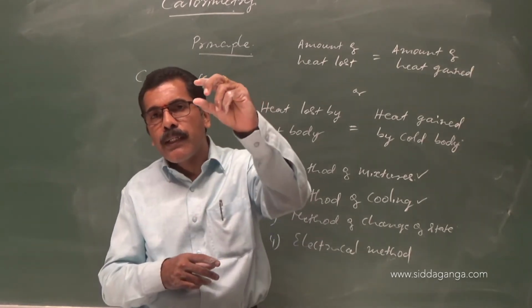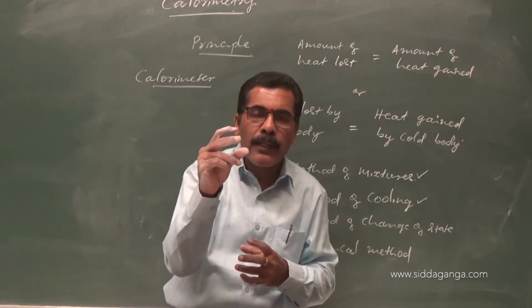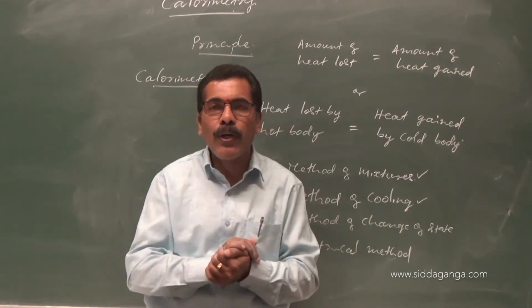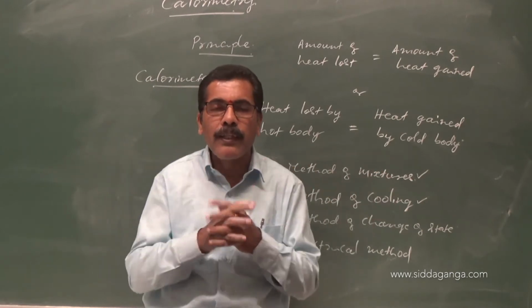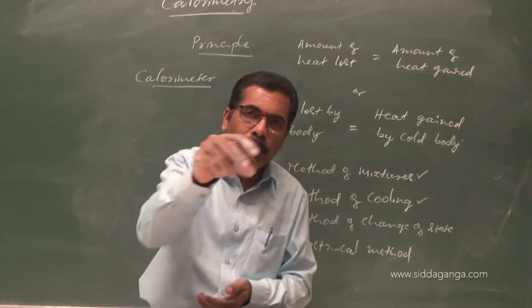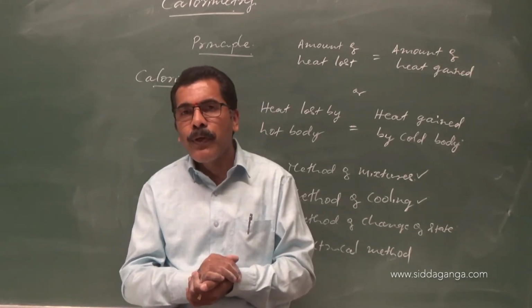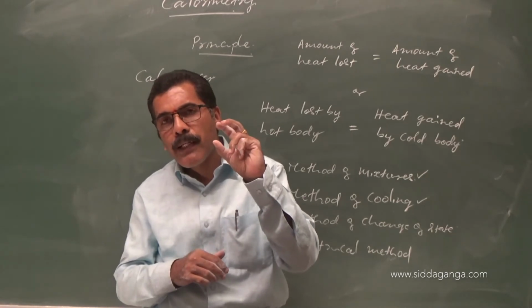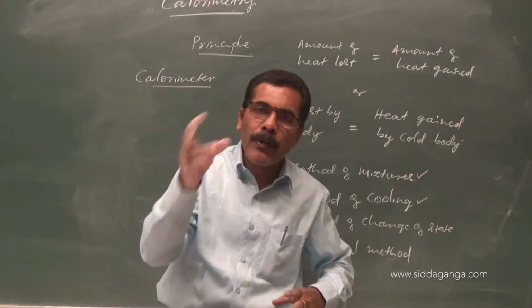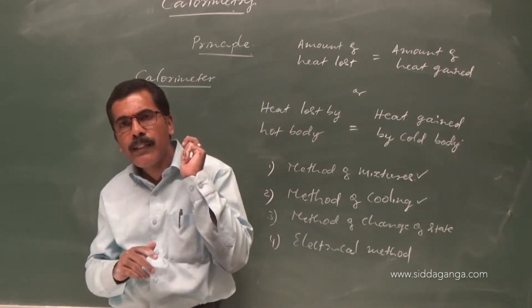Let me take a metal sphere. This metal sphere is kept inside boiling water. I take a vessel containing water, keep it on the stove, and the water starts boiling. I keep a small iron sphere inside. After a certain time, the iron sphere acquires the temperature of the water, so its temperature is 100 degrees Celsius.